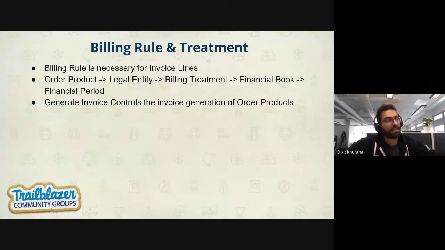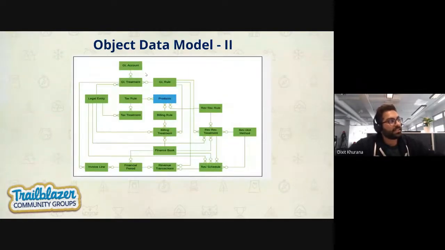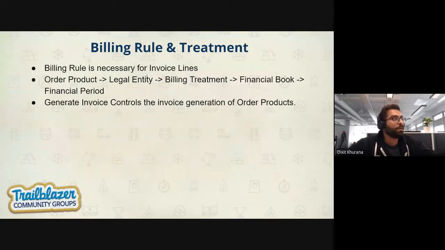As I mentioned, legal entity is directly related to billing treatment. So the billing package identifies what billing treatment it has to apply, and it identifies that only on the basis of legal entity. That's why I keep saying legal entity is the crucial factor in billing.